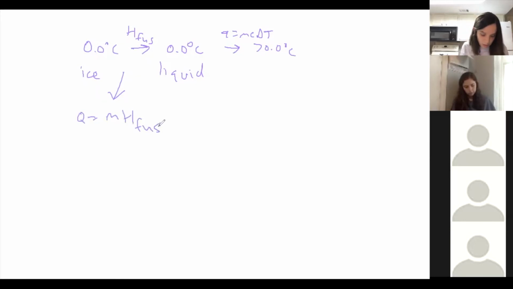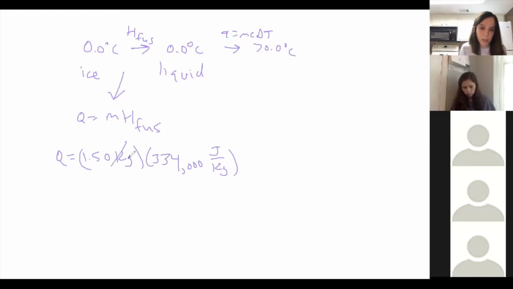The mass of the snow, we were told it's 1.5 kilograms. And then times heat of fusion, we're looking at ice. So you go to page 324, look it up on the chart, and we can see that's 334,000 joules over kilograms.